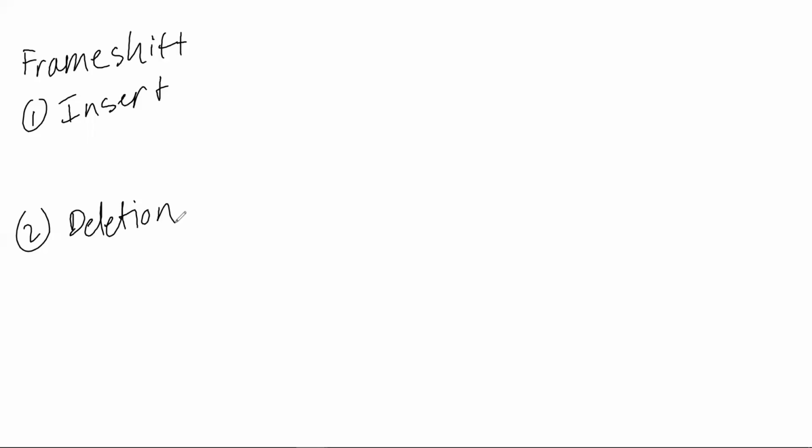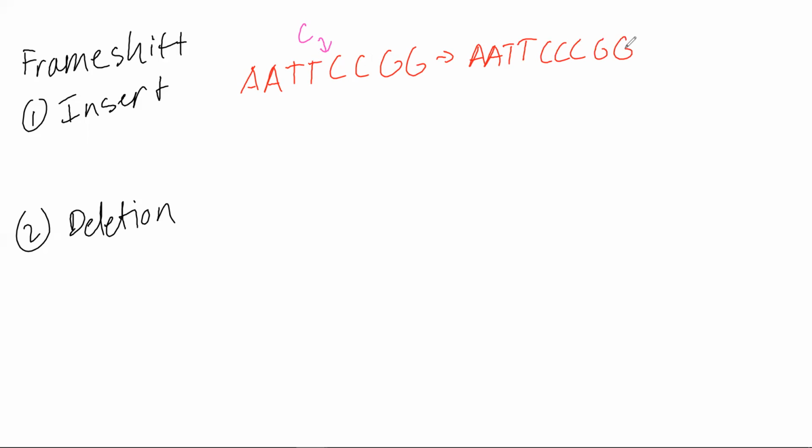For instance, if I have a DNA strand that says A, T, T, C, C, G, G, right? And I insert a new mutation where I put an extra C here, right? So now my new strand says A, T, T, C, C, C, G, G, right? I have inserted something and the frames have shifted, right?